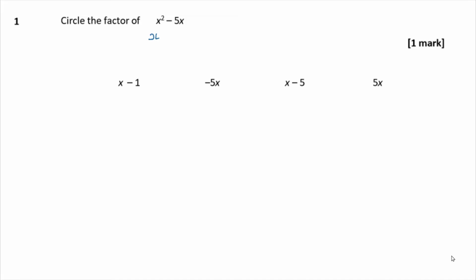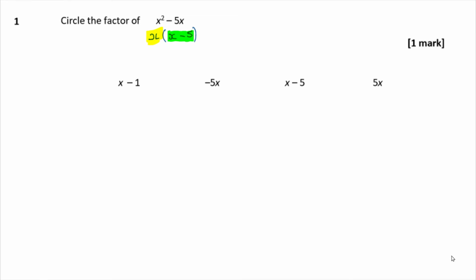Well, if I did factorize x out of this expression, then I would get x left inside the bracket, wouldn't I? And I would get 5 left inside the bracket. So this factorizes to x times x minus 5, okay? So it's pretty easy to see that x is a factor, but perhaps it's not so clear to see immediately that x minus 5 is also a factor.